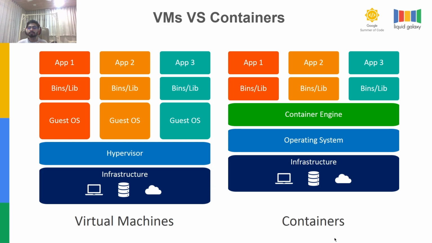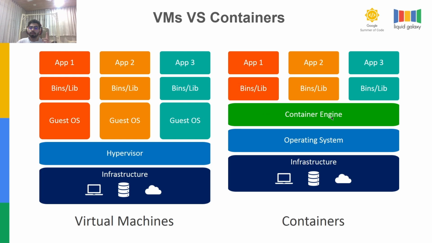So, for containers, you can consider Docker as a popular containerization platform. What is different in containers from virtual machines is that there is no guest OS in containers. You can consider these three colors as isolated containers: container 1, container 2, and container 3.